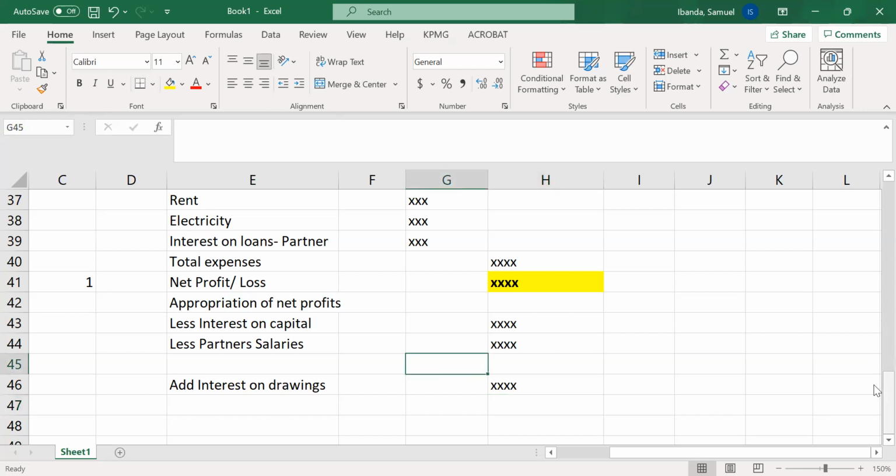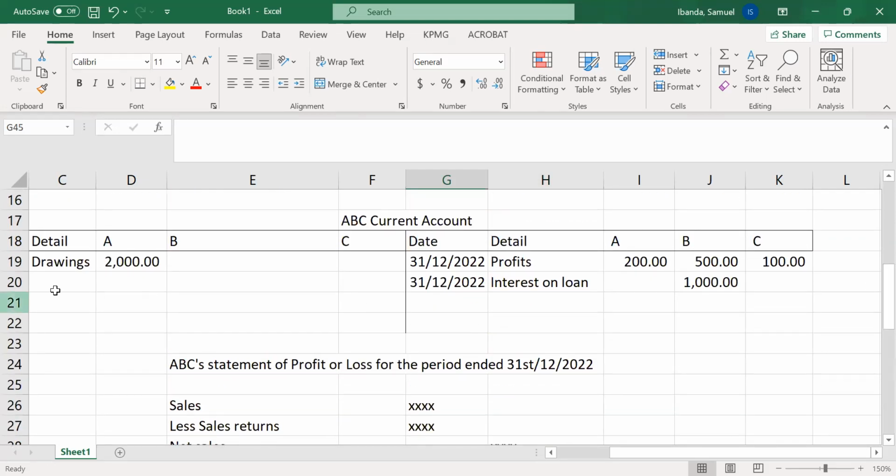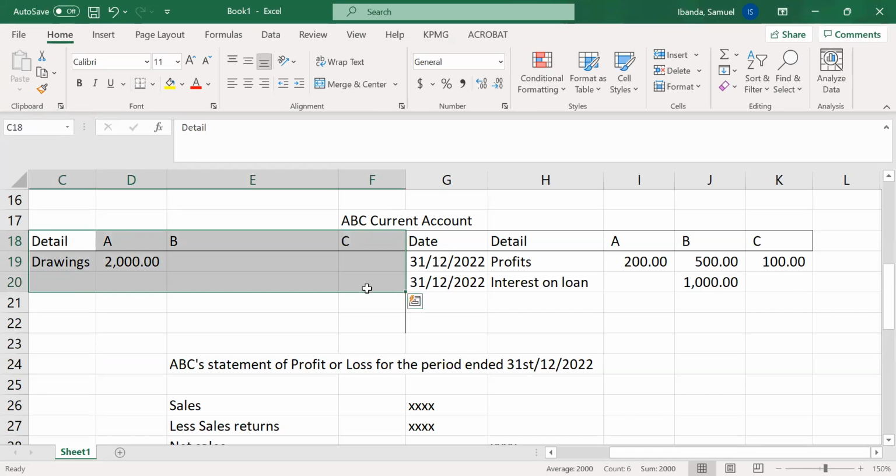So what they are telling us also is that in case you also have it, you're supposed to come and debit your current account. Now, the reason why we debit the current account here is because if partner C took a drawing and now they are paying interest on drawing, this is not in their favor. And anything that is not in the favor of the partners, let's say any reduction in the portfolio of partners within the partnership, is always debited.